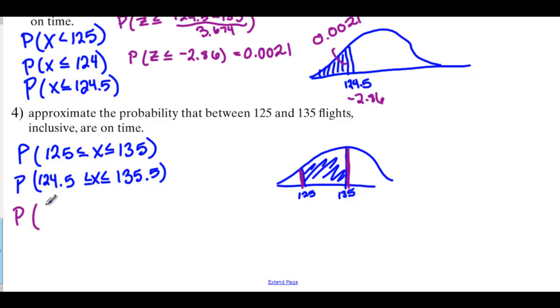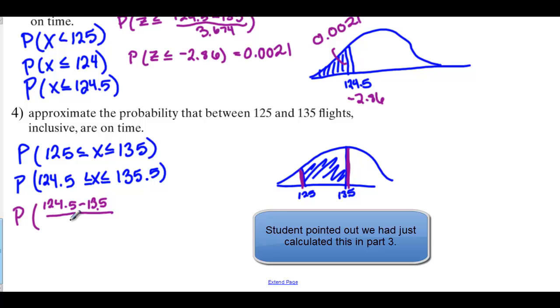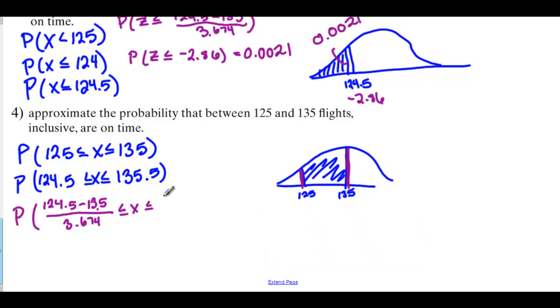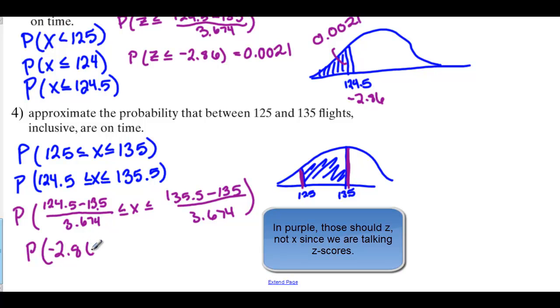So we're going to look for the probability. So we're going to do the 124.5 minus the 135, the mean. Yes, that we do have. Thank you. So I actually am writing stuff I don't have to write. Less than or equal to x, less than or equal to, and then that 135.5 minus 135 over 3.674. And so that first one was at negative 2.86, that we figured out from last time.